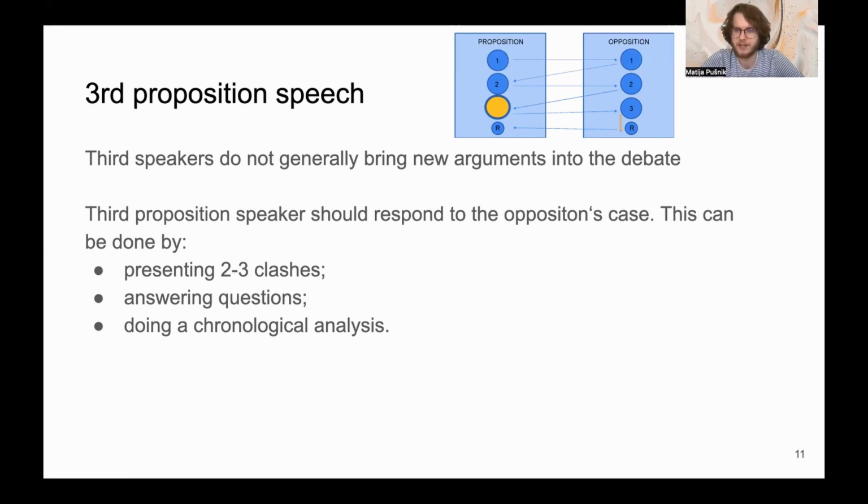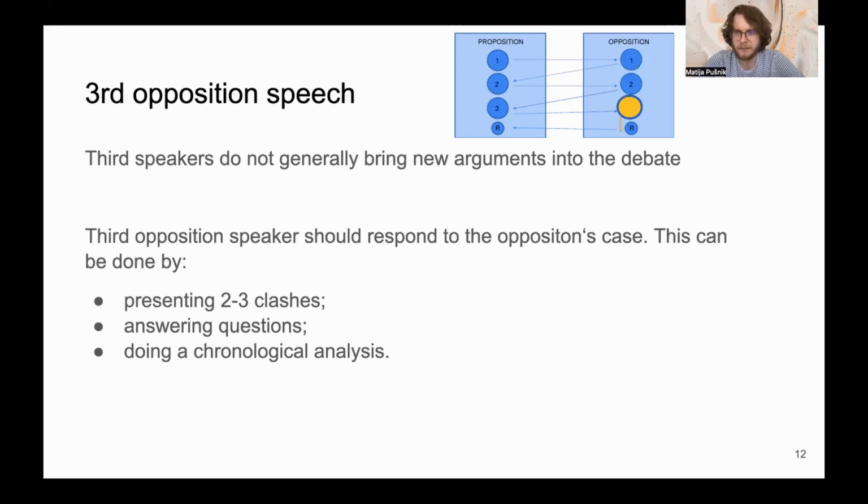That means that this is a bit tricky, also perhaps a bit tricky to teach, because it's hard to explain to students. However, experience can give you good ideas on what works and what does not work. However, presenting clashes is probably the most common one.